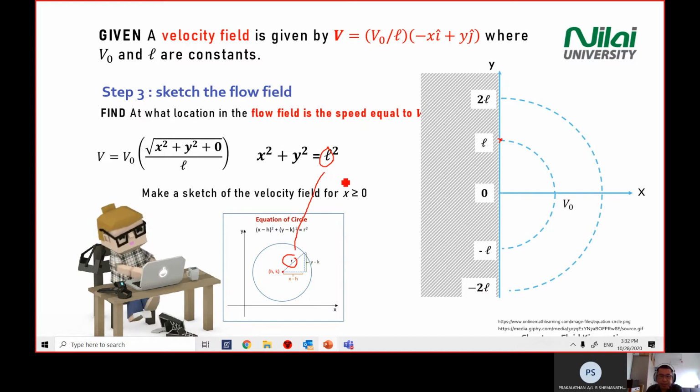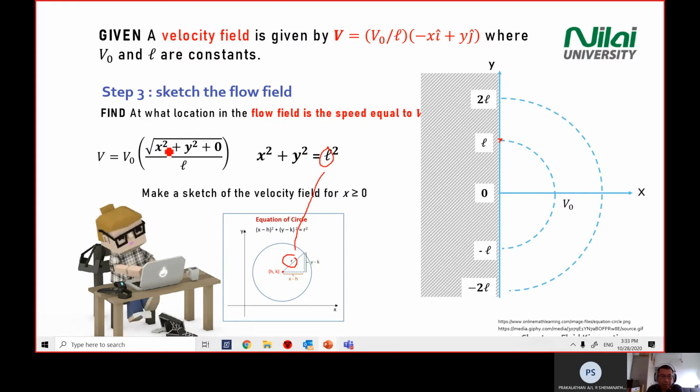So we know that if our Y equals 0, your X value will equal to L.